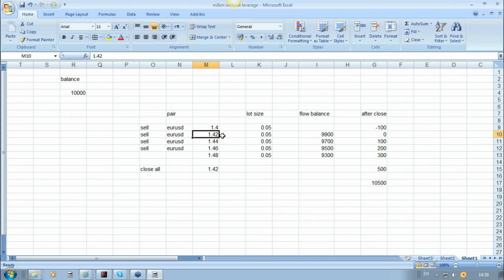Now I add another, if it goes against me, another same lot size position, Nigel, as you said. Now my balance is 990 because it's 200 pips minus from the previous lot size, which is $0.50 per pip. Now it goes against me 200 more, right? And 100 from here. So sorry, it's 960, 939.